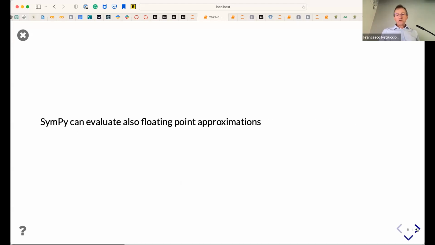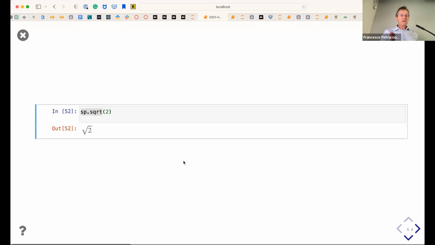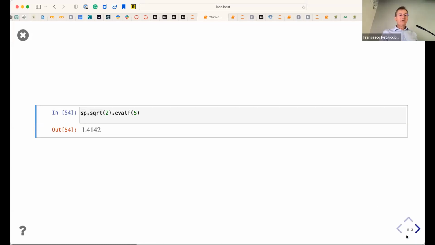Of course, you can also do floating point operations if you want to. For instance, let's go back to our square root of 2. If you now add the evaluation function, evalf, with 5 digits, it gives you 1.4142.